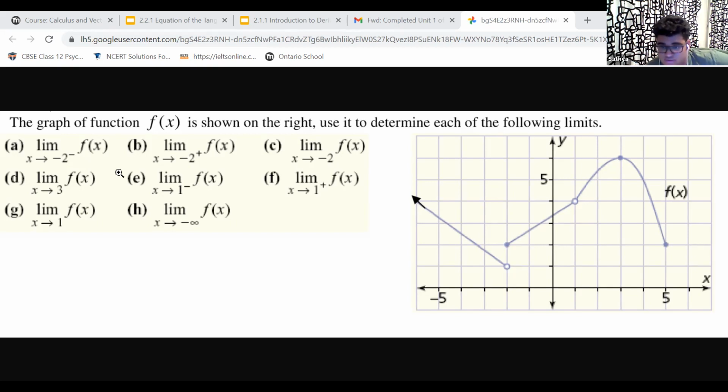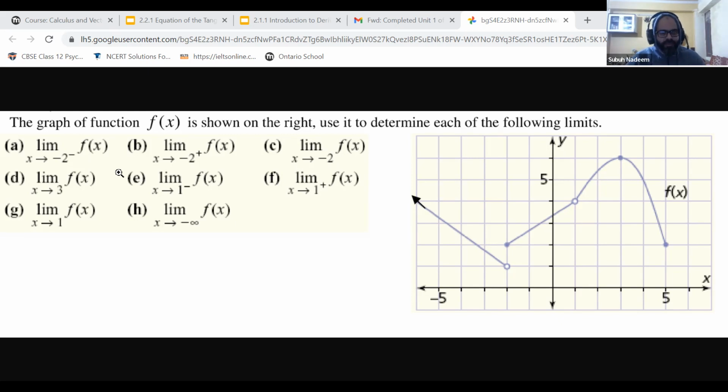So the limit of f of x as x approaches 1 is 4. And at minus 2, what is happening? Minus 2 minus and minus 2 plus are not the same. They have different values. So the limit of f of x as x approaches minus 2 will be not defined because there are two different limit values.